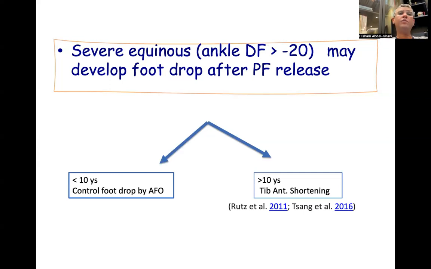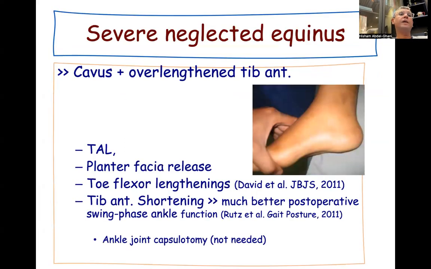But in patients more than 10 years, this usually takes a long time, sometimes 1 or 2 years, for the tibialis anterior to regain its length and power. In these cases, it's advised to do tibialis anterior shortening in addition to the plantar flexor release. I have never tried it, but it is mentioned in the recent literature.